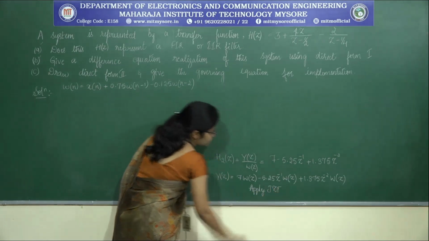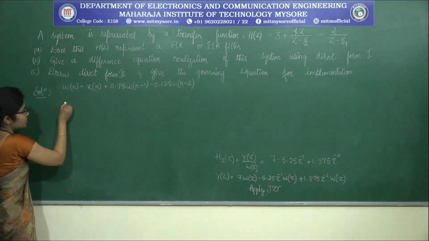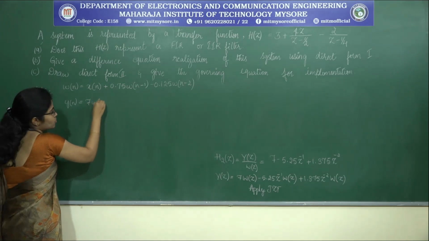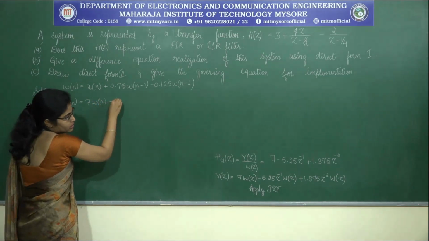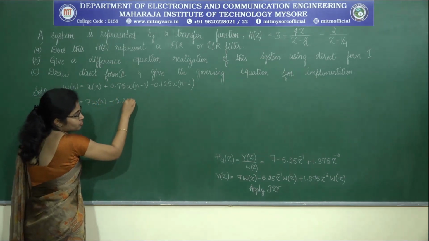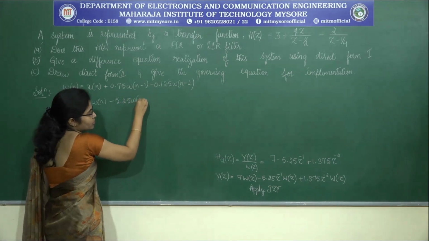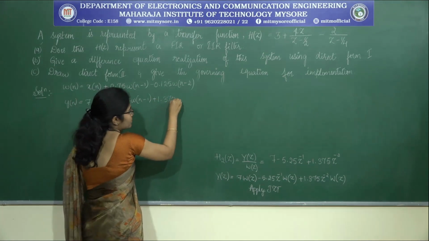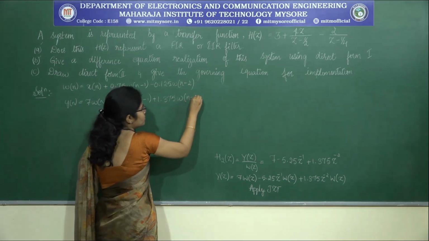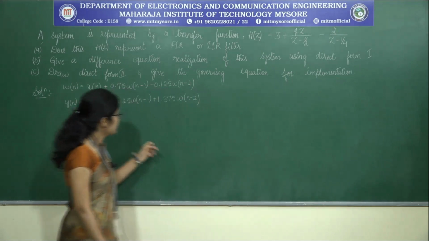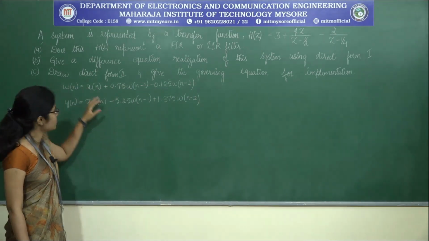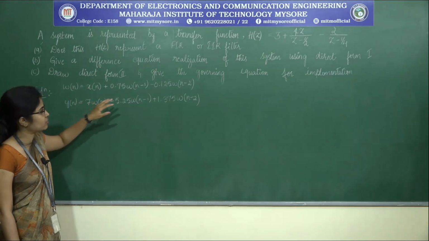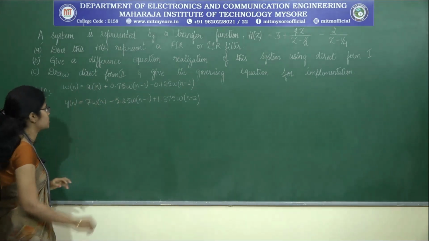So, if I apply inverse z transform, the expression will be y of n, which is equal to 7 into w of n minus 5.25 into w of n minus 1 plus 1.375 into w of n minus 2. So, what I did? We applied the inverse z transform and we got two different equations. Now, let us start drawing the direct form 2 structure with the help of this expression.